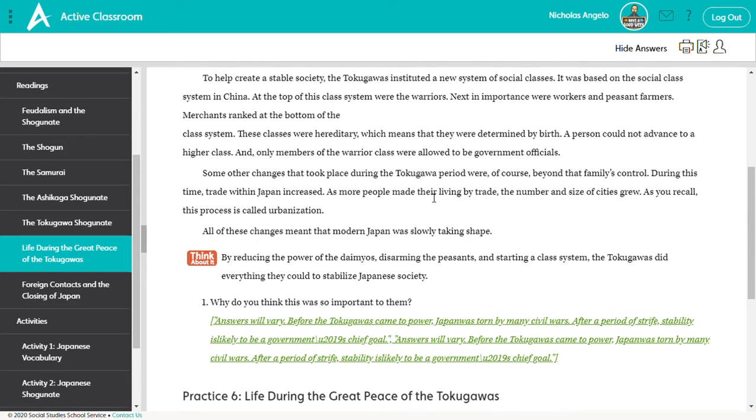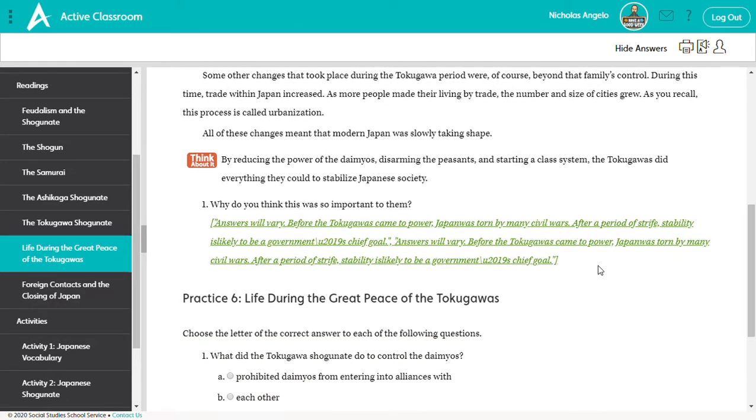Before the Tokugawa took over, there was constant fighting, constant civil war. When that happens for a long period of time, people want peace. People crave stability. So they did what they could to make things stable because there had been so much fighting before they took over. So you can say, it's your opinion here, but you should say something about how Japan had suffered from civil wars, and after this period of warfare, the government is really trying to provide peace and stability.